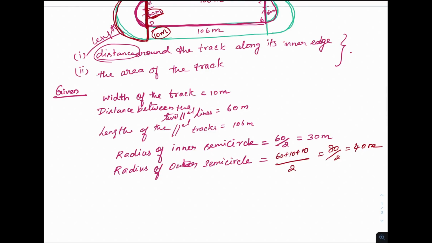Now we know length. Length already given, the track length will be 106 meter. Now what we need to find is first subdivision.